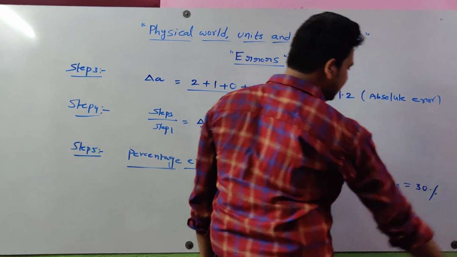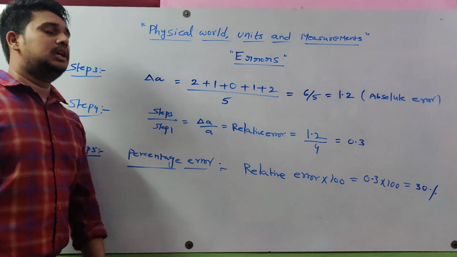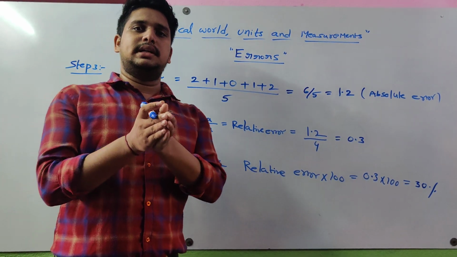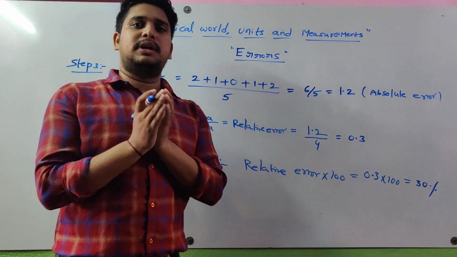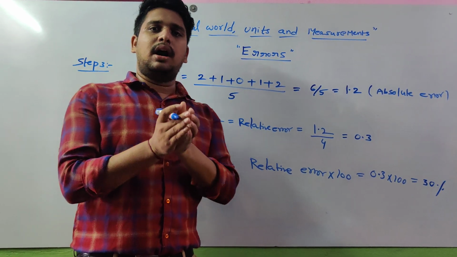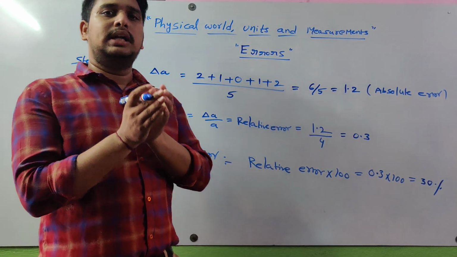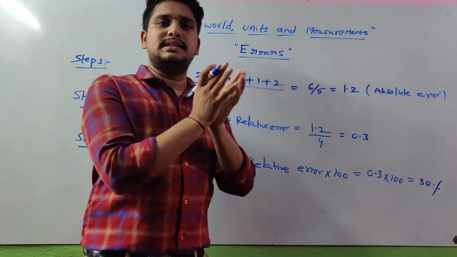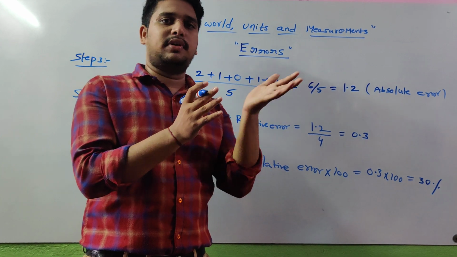So what is the percentage error here? 30 percent. Once again I will tell students: a person did an experiment in a physics lab and got resistance values 2, 3, 4, 5, 6. How do we find the absolute error, relative error and percentage error from these readings?